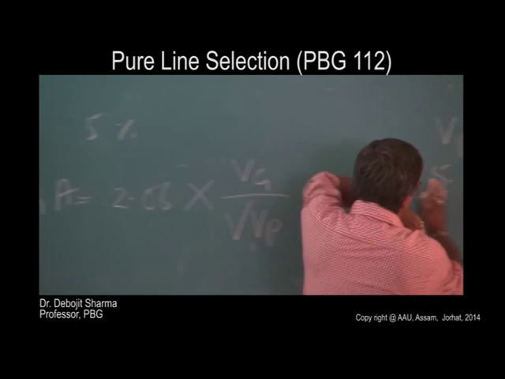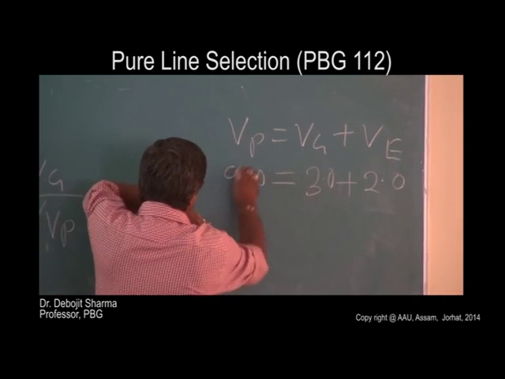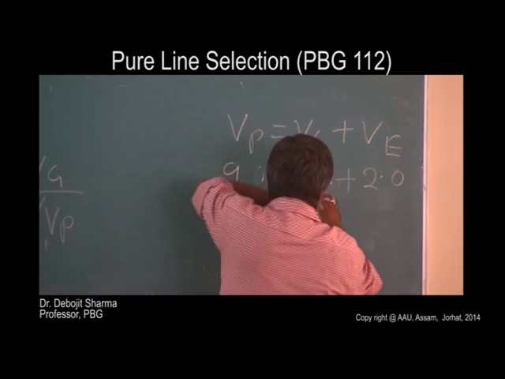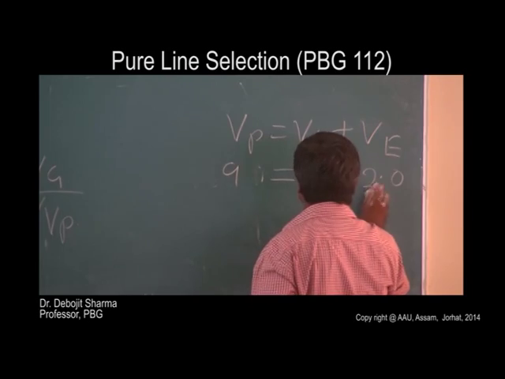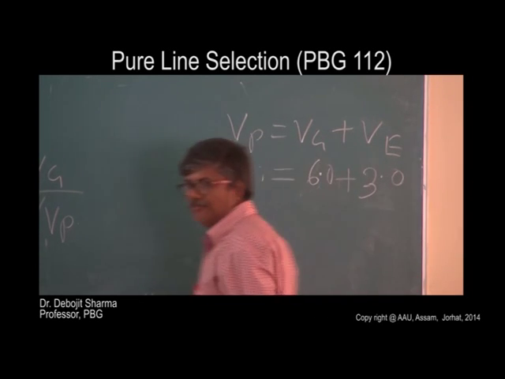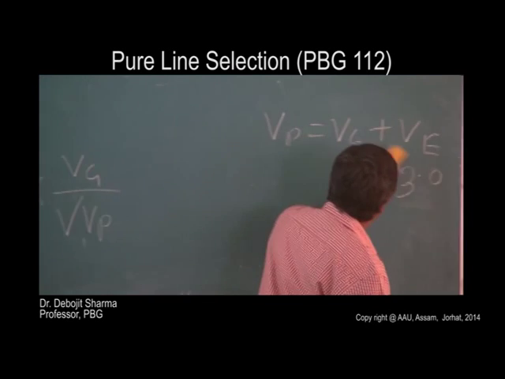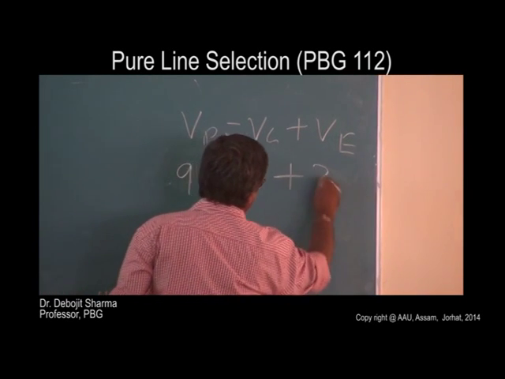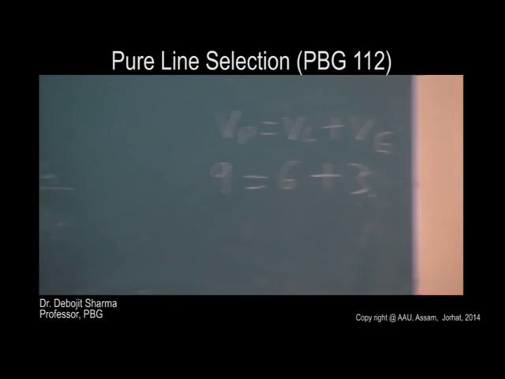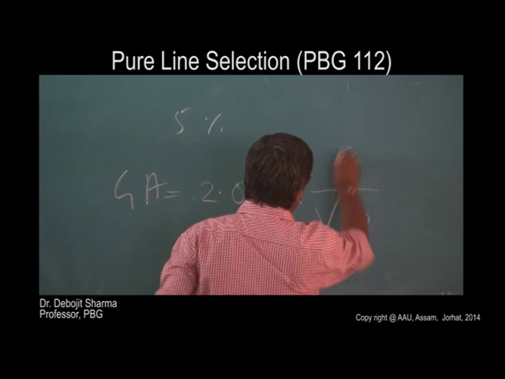Let us take Vp as 9, so that you can take the root, and you take it as 6 and 3. Okay, 9 is equal to 6 plus 3. Vp is equal to 9, 6 plus 3. We calculate Vg will be 6, isn't it?